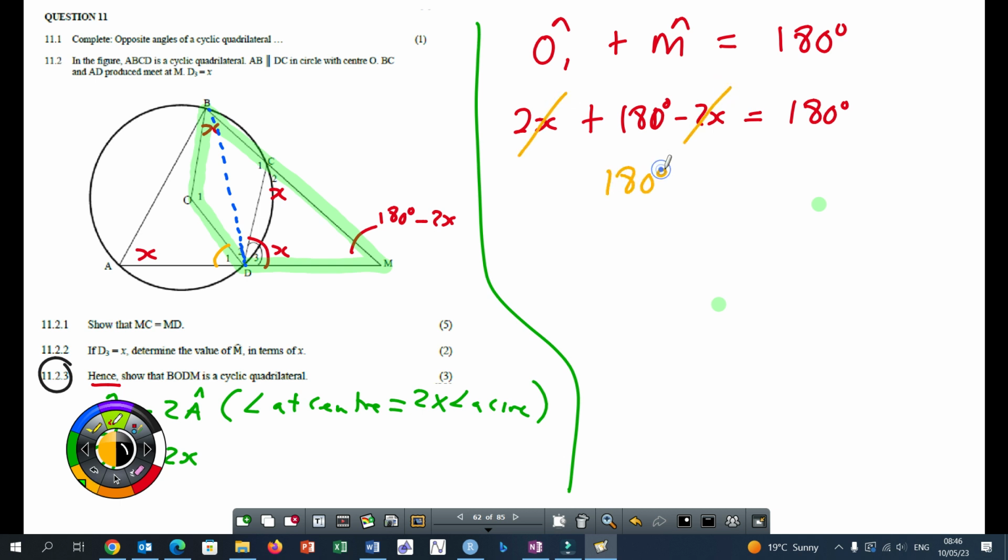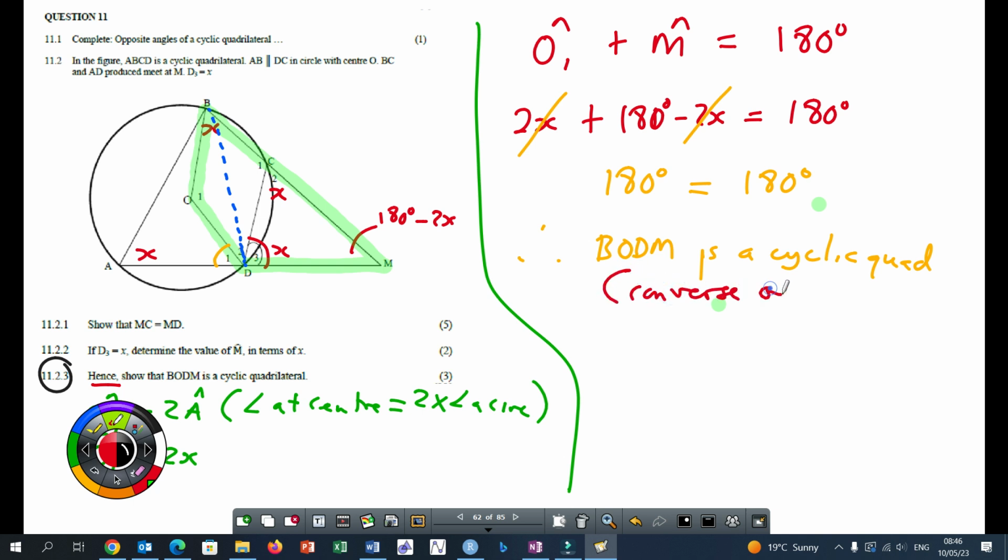You'll be left with 180 degrees is equal to 180 degrees. Then you can say, therefore, BODM is a cyclic quad. Your reason: converse of opposite angles of a cyclic quad. Okay, and then you are done.